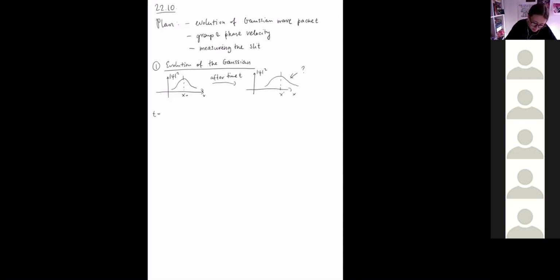Okay, so at time t equals 0, we start with the formula that we've seen before. So it's just a Gaussian wave packet, which is peaked around x0. And the momentum of the Gaussian wave packet is hk. So this we've already seen before.